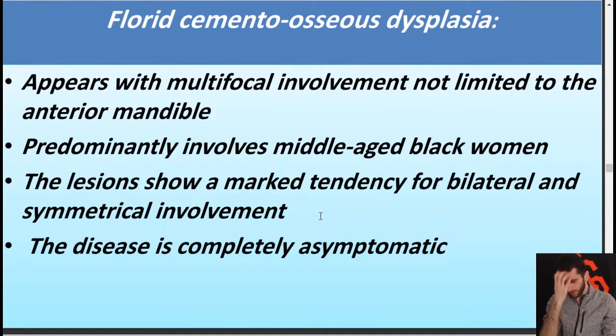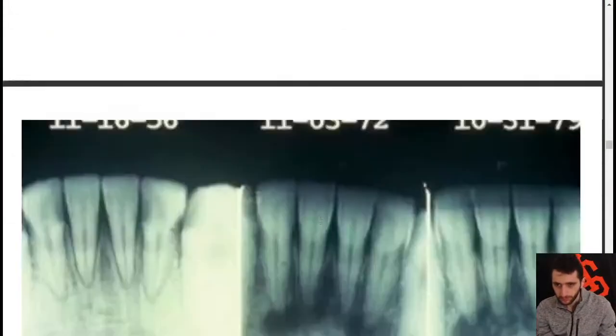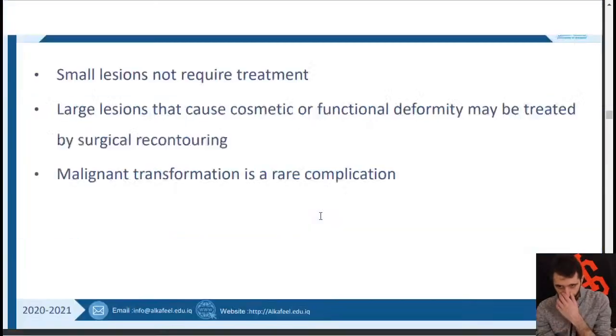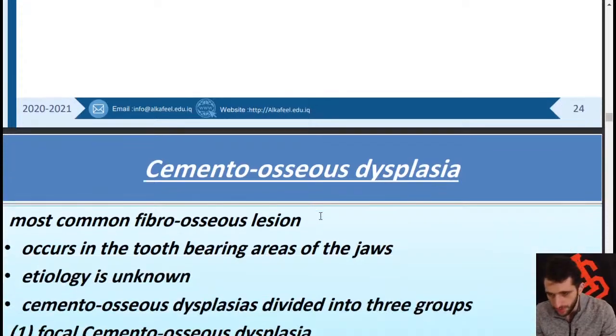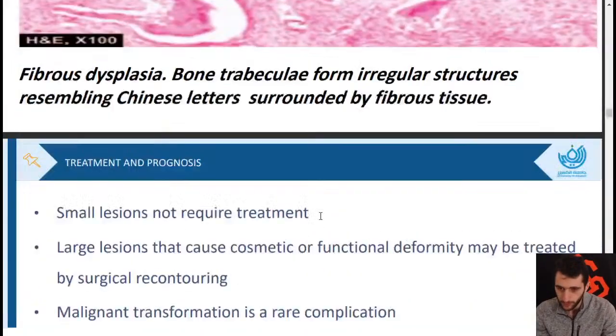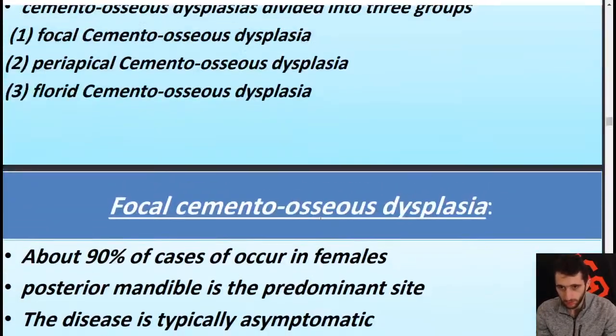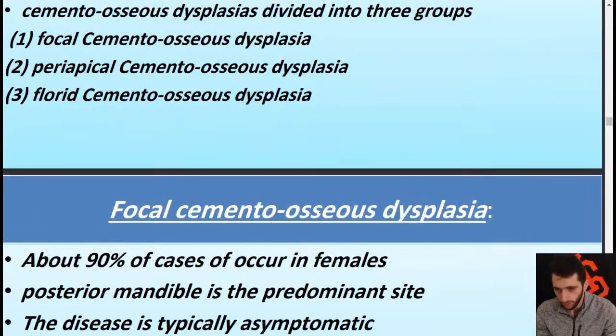This previous one was dealing with also black females, if we remember. Cemento-osseous dysplasia is also with females, 90%.